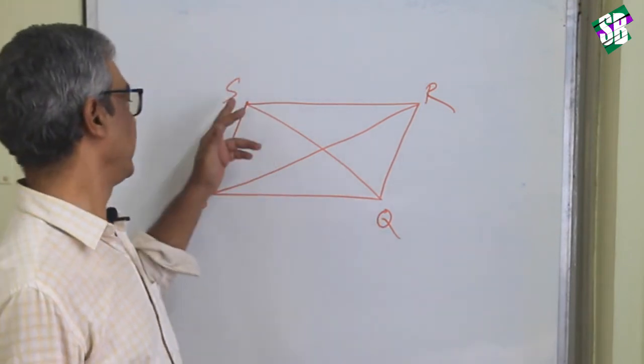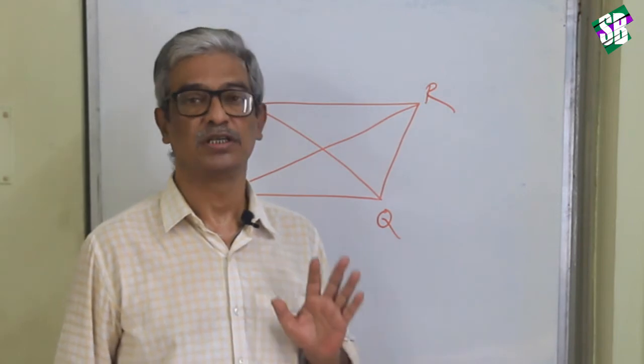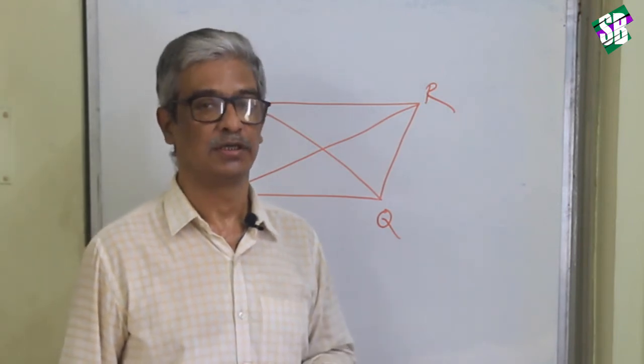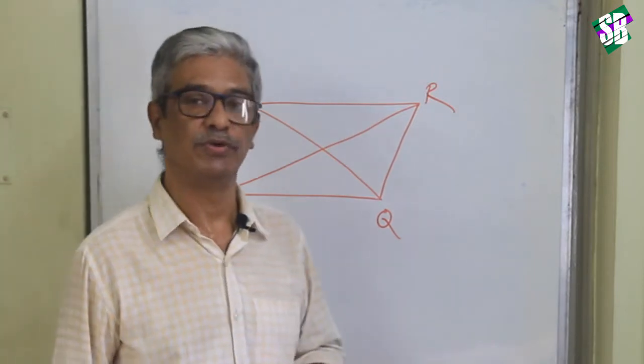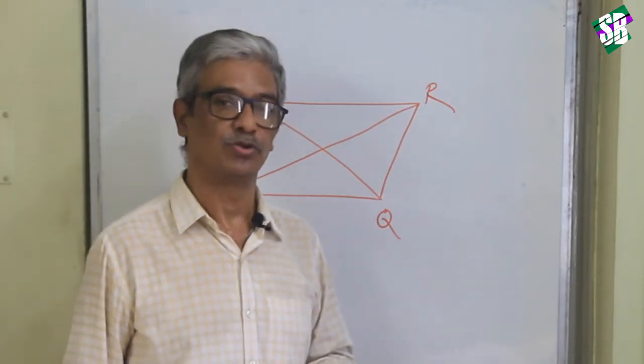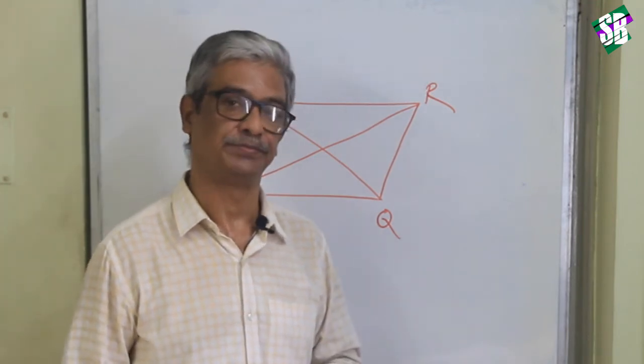And you will find that SP vector dot PQ vector is not 0. If you calculate, you will find that SP vector dot PQ vector is not 0. So this option A is the only correct option.